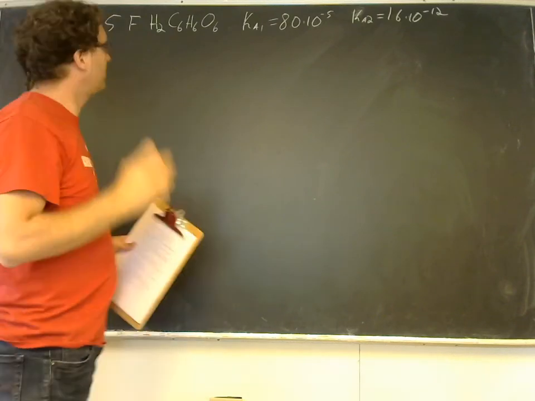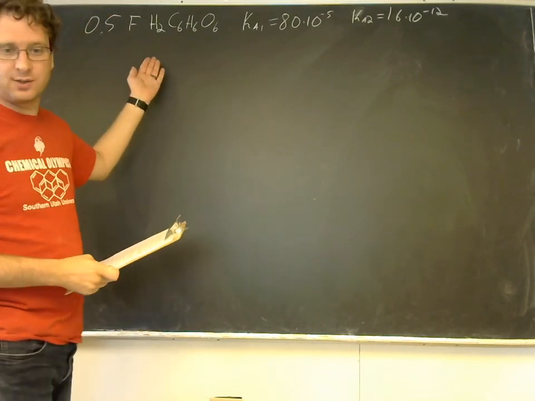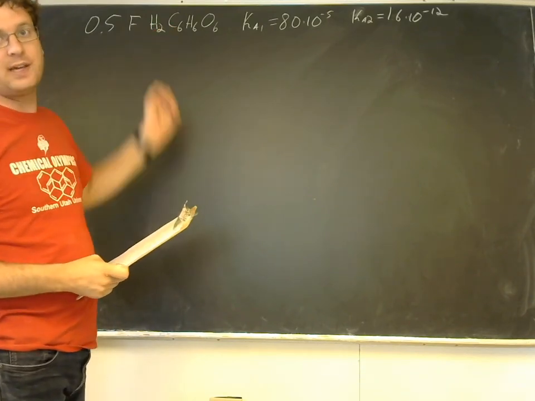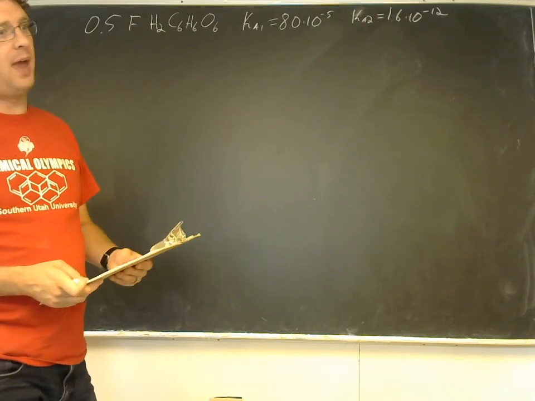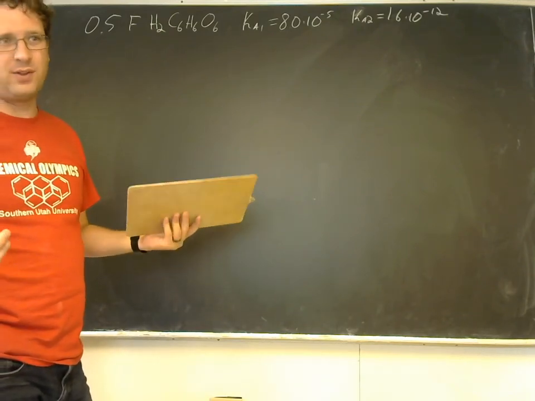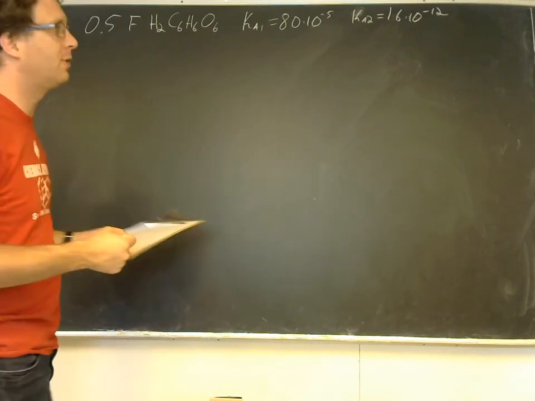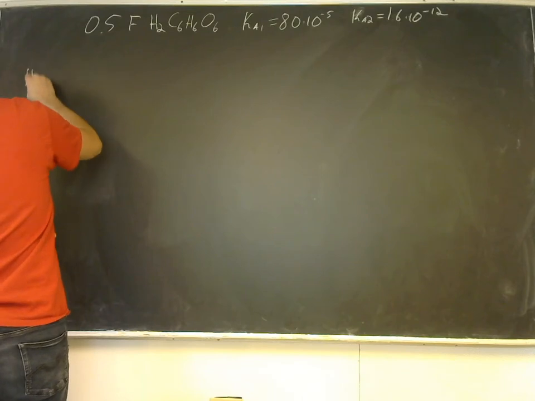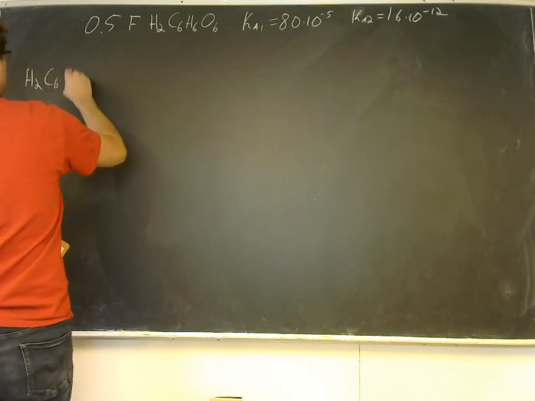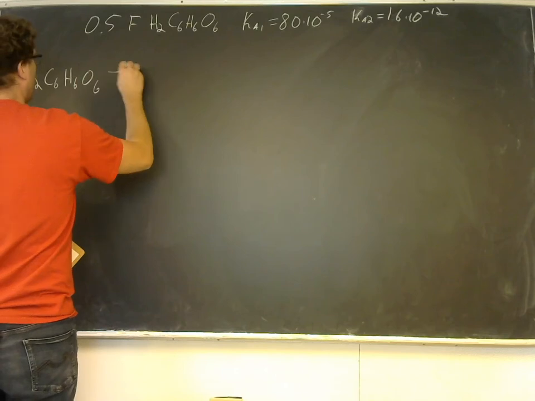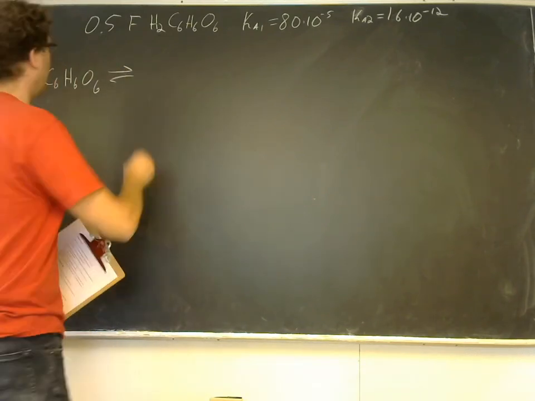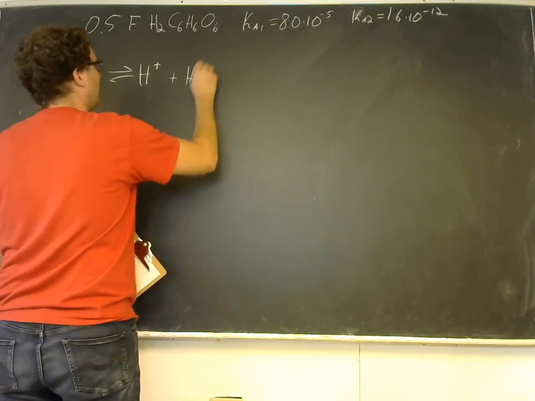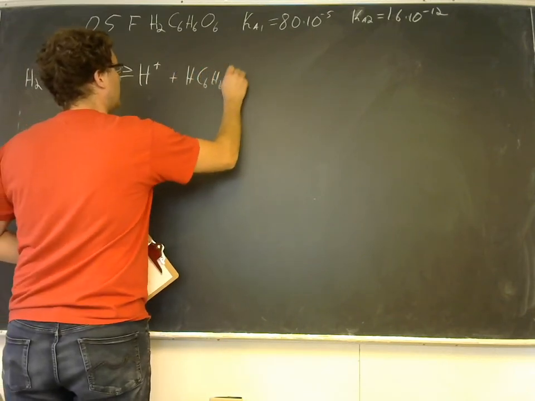Well, if I wanted to know the pH of this solution, I could also find the concentration of all three forms of ascorbic acid. How can I solve that when we really have two different equilibrium reactions occurring simultaneously? Let me write them up there. H2C6H6O6, and just to save board space, this will be one time where I use the H plus, goes to H plus and HC6H6O6 minus.